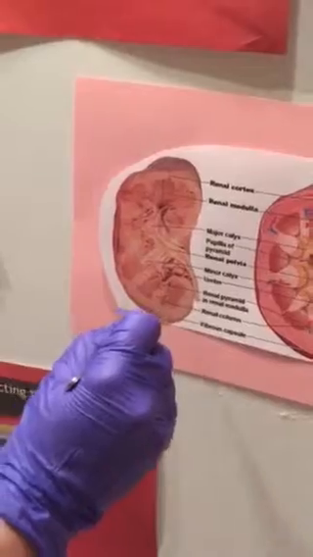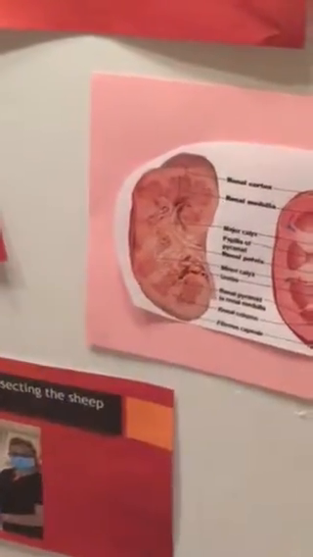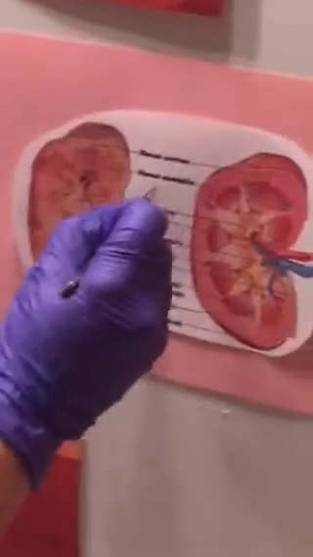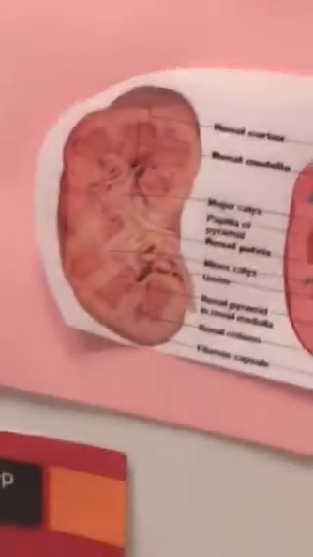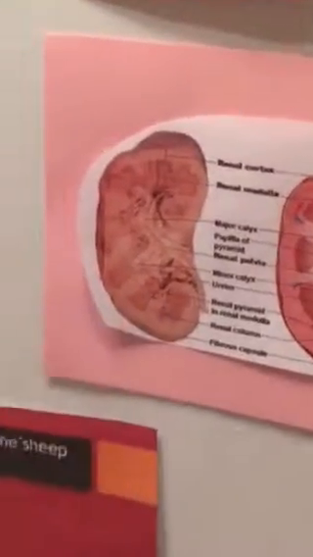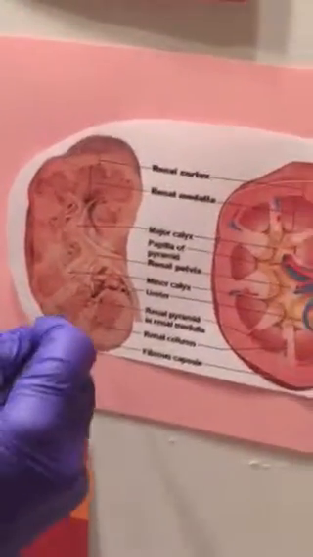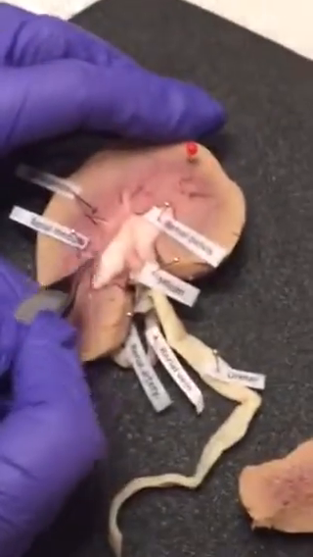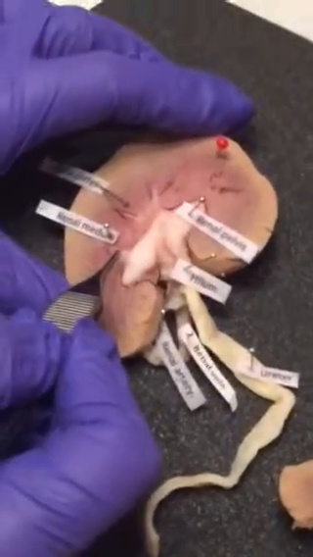It's a little granular in appearance, and it's the ultrafiltration system of the kidney. Then we go to the renal medulla, which is the inner, darker portion of the kidney, and it consists of the renal pyramids, which are located in here. You can't really see them that well, but they're difficult to identify.